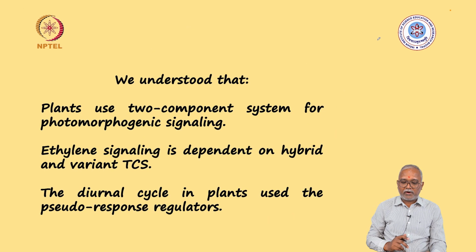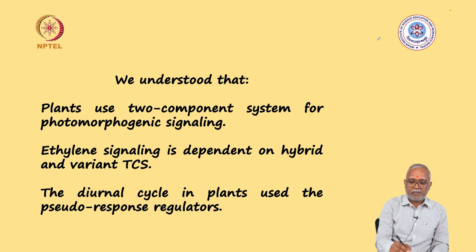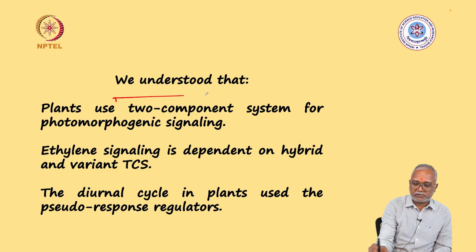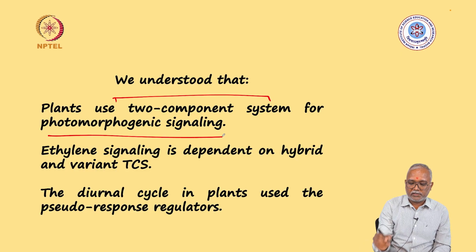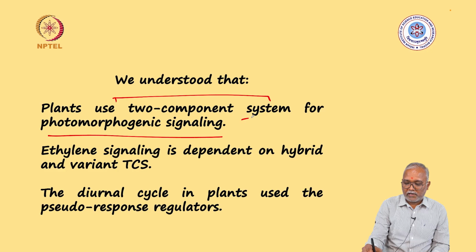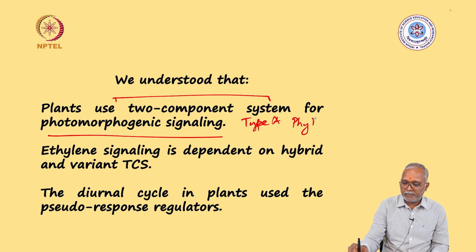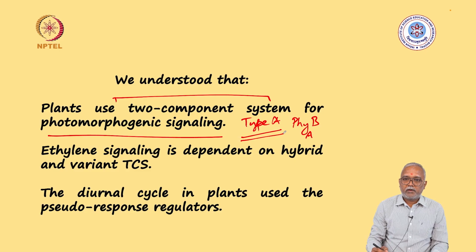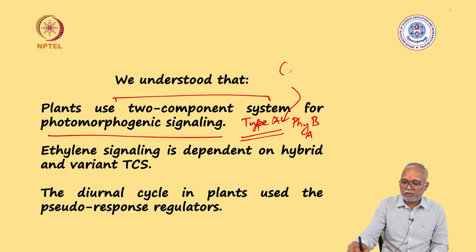So what we have understood today is that plants use the two component system for photomorphogenic signal, where type A response regulators ensure that phyB remains in its active form for long, and we also realized that these type A response regulators were being generated from the cytokinin signaling.